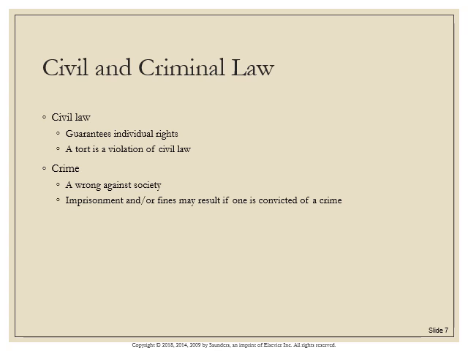You may be guilty of a tort if you harm your patient, for example, by providing the patient with the wrong medication. Criminal law deals with potential wrongdoing of a person against society. A crime is a wrong against society, and imprisonment and/or fines may result if one is convicted of a crime.